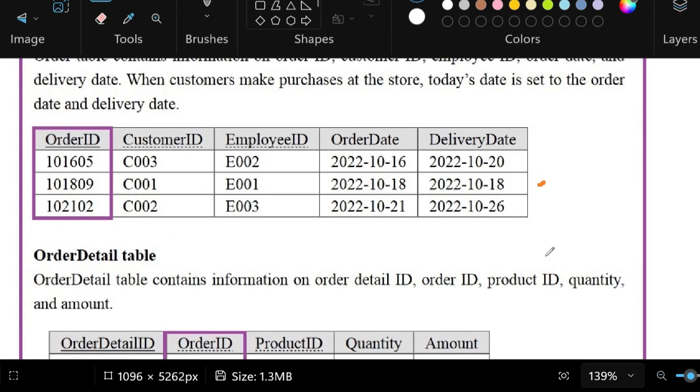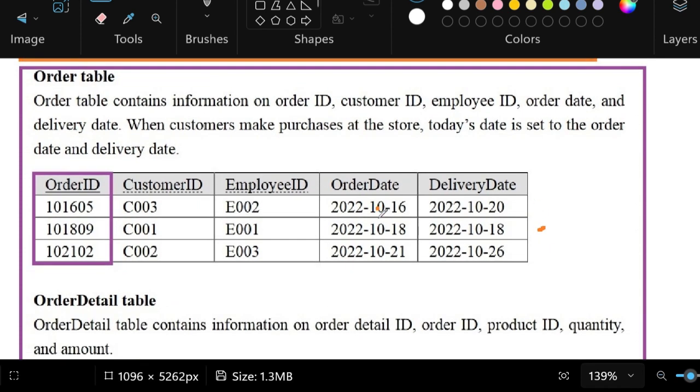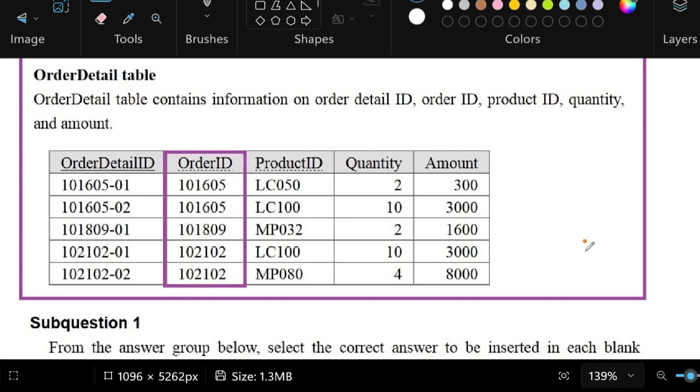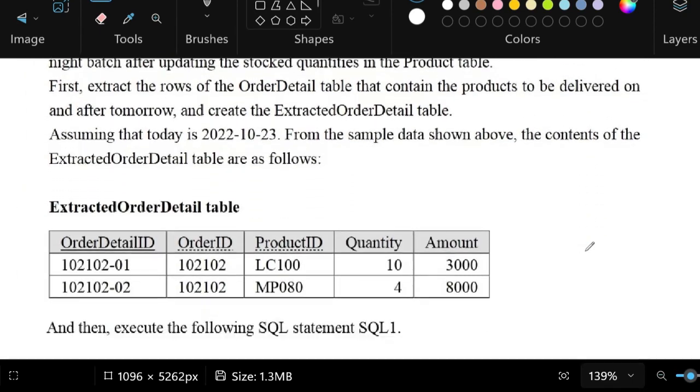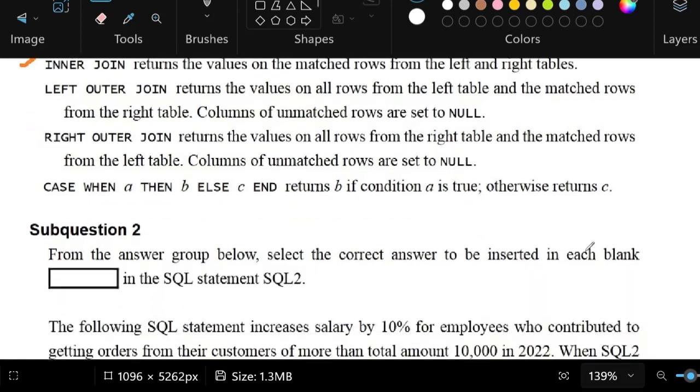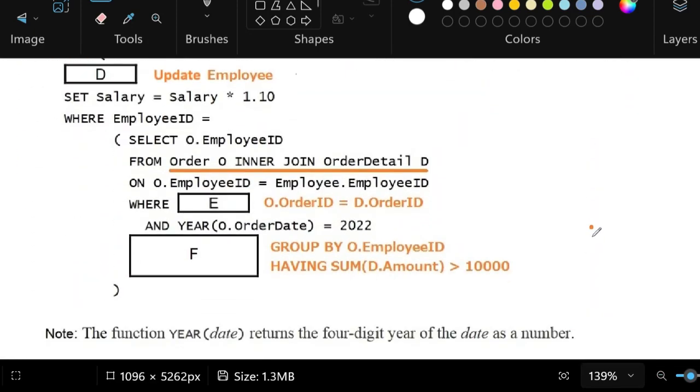Also take note that for the order table, we have here the order date and the delivery date. So we can identify also from here the year. Given that, we can now say that really for blank E, we need to connect those two with order IDs, one for the order and one for the order detail.